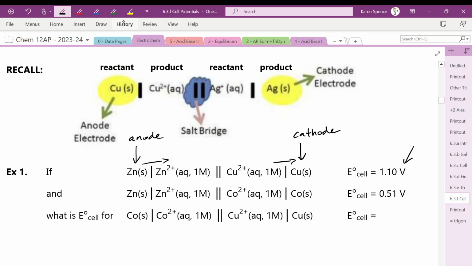If instead of using copper, we then use cobalt, we get 0.51 volts. Using that information, I'd like you to see if you can puzzle out what the E0 cell would be for a cobalt copper, or sorry, not half cell, full cell.